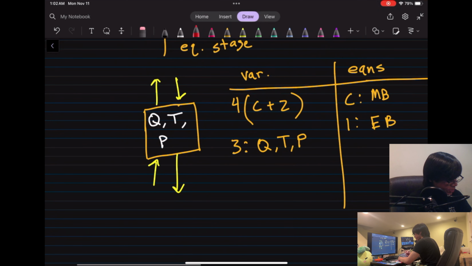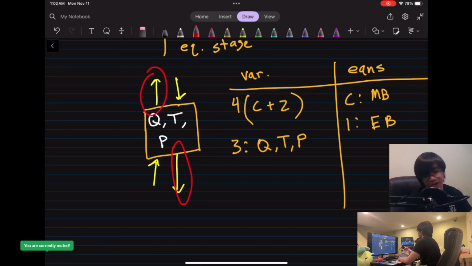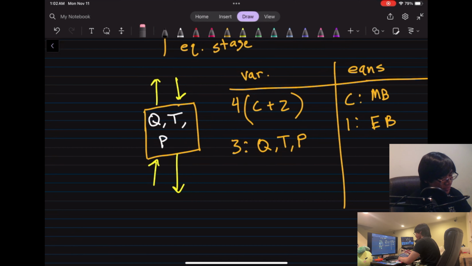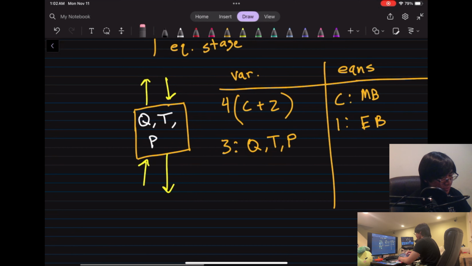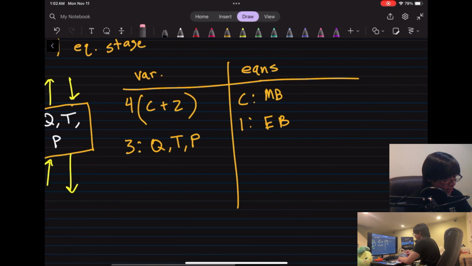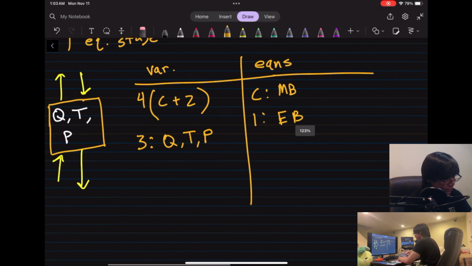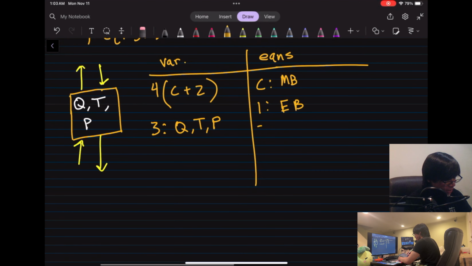So notice that we have 2 outlet streams. Remember, our outlet streams are the same as our system, only the inlet streams are different. So that's the approximation we're making. So with 2 outlet streams, we have 2 temperature and pressure equalities with our system.